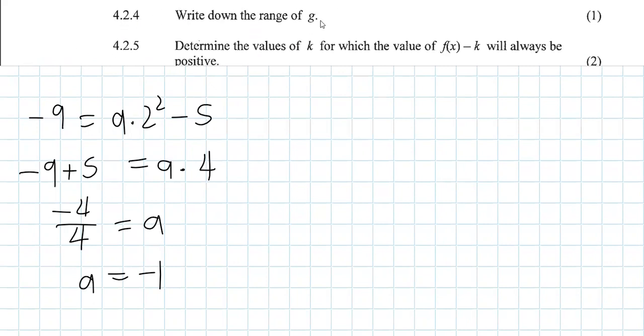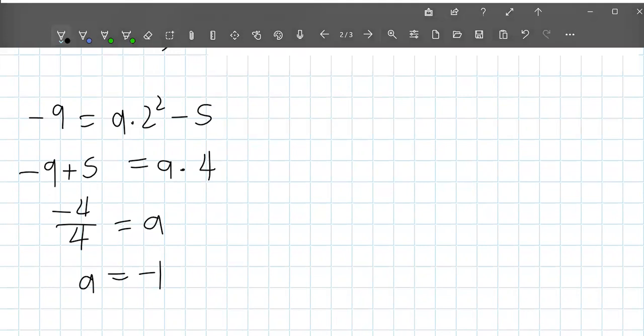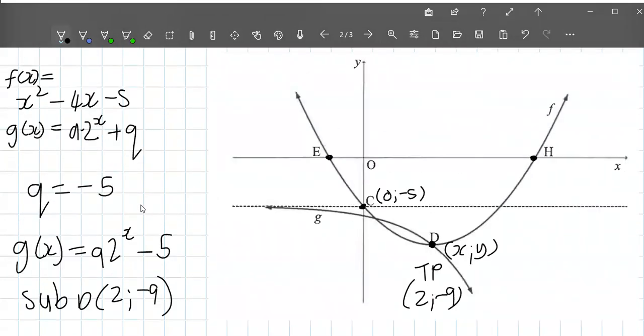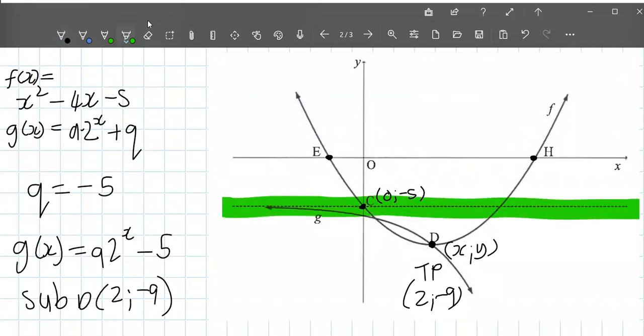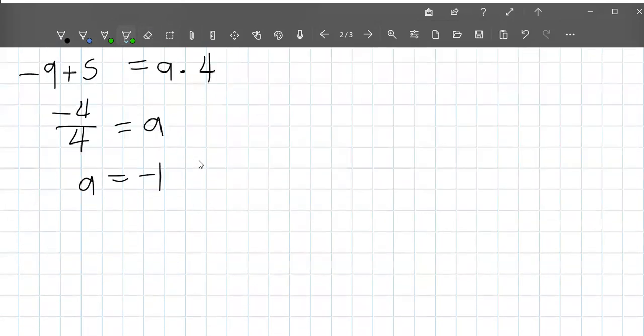4.2.4, write down the range of G. The range of G has to do with the y values. So here's our G. And the y's of G can only go from the asymptote or down.